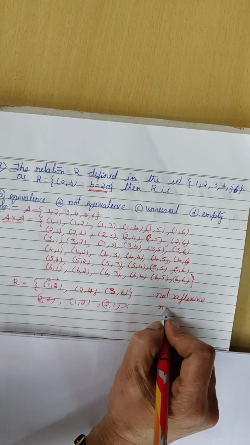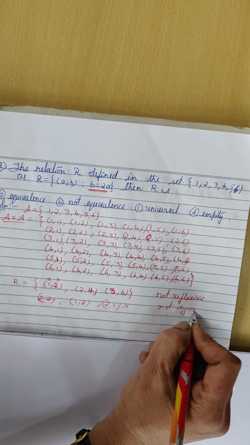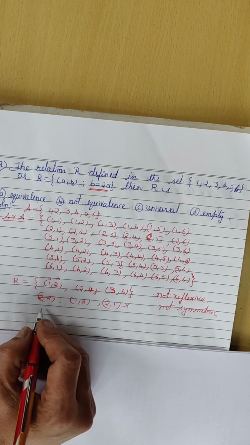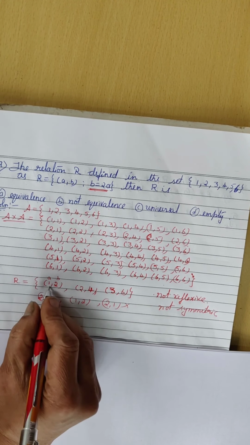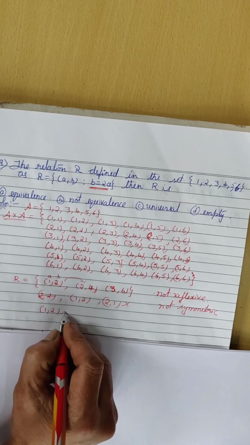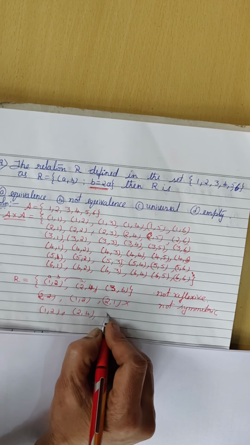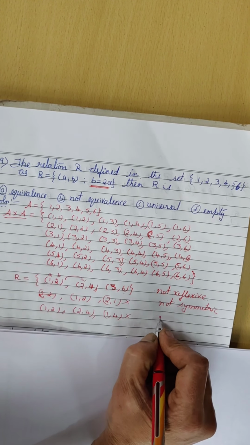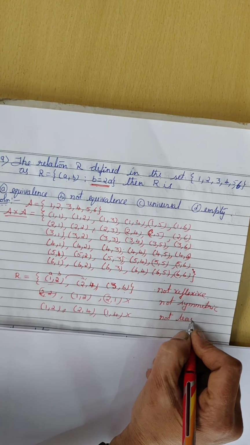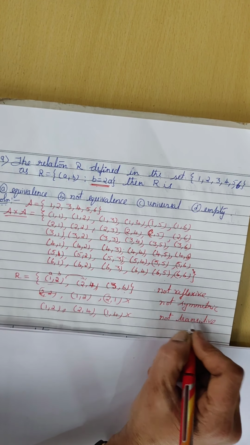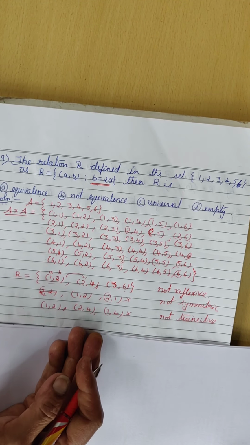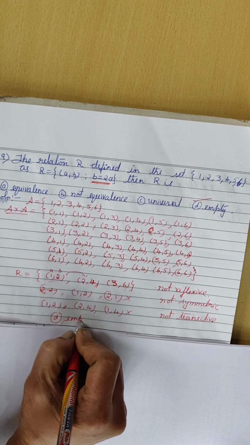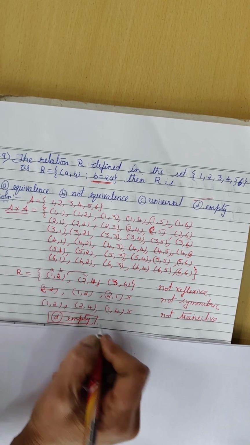So definitely not symmetric. And if we have (1, 2) and (2, 4), but we don't have (1, 4) in this relation, then not transitive. And what do we call such kind of relations? It is empty, option D. So the relation is an empty relation.